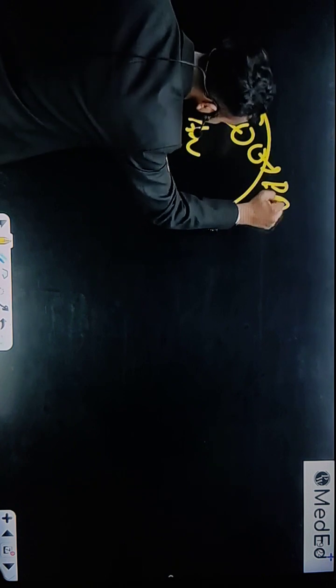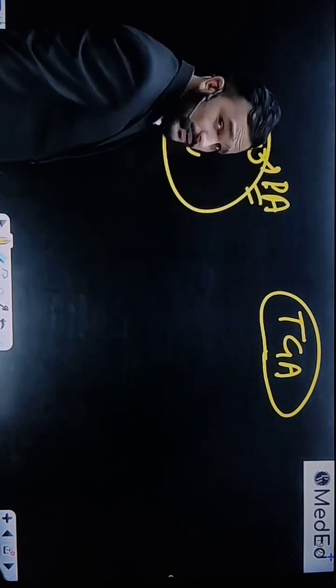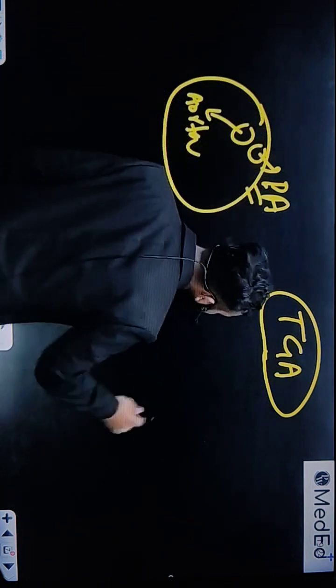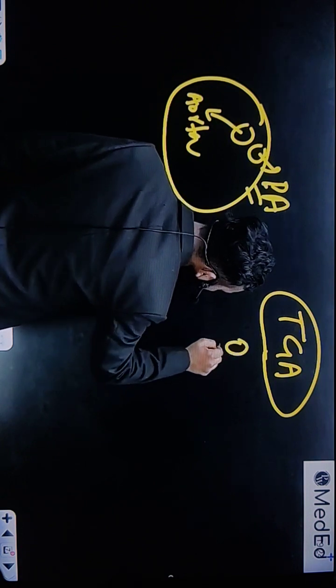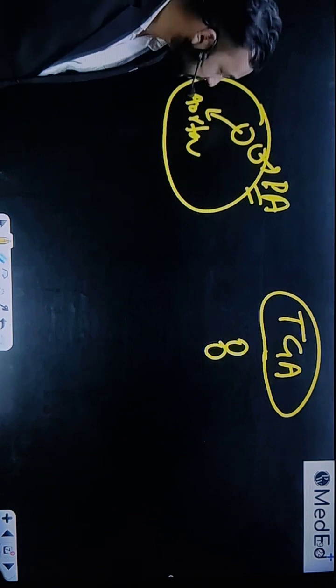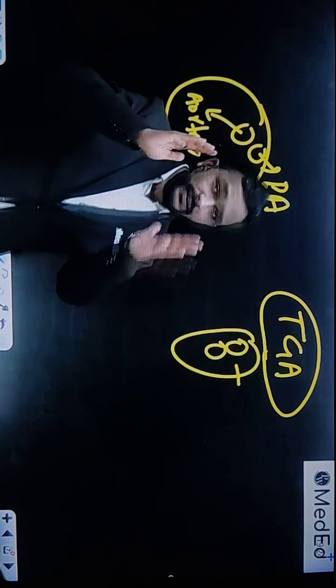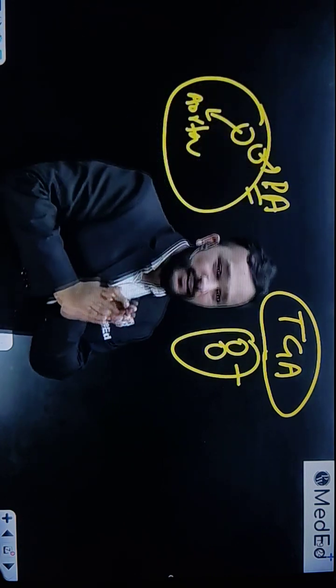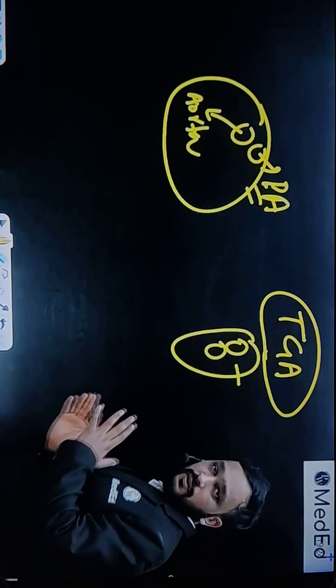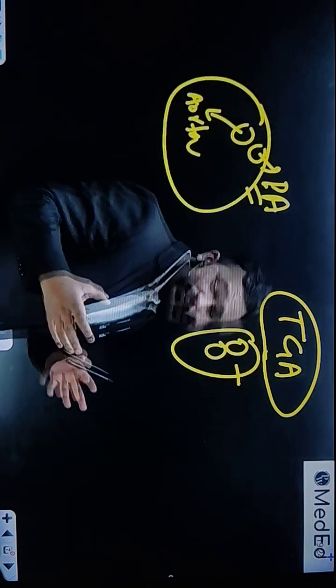But in patients with TGA, transposition of great arteries, the pulmonary artery and aorta lie in a straight line, just anterior and posterior to each other. They are not lying side by side. Because of this, there is narrowing of the superior mediastinum.